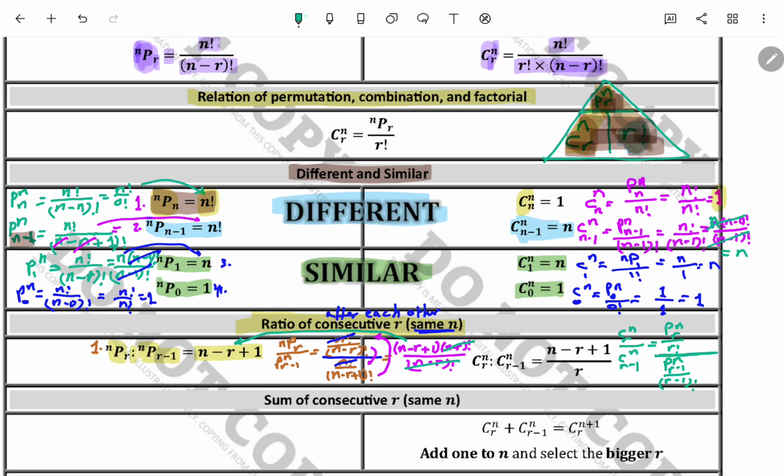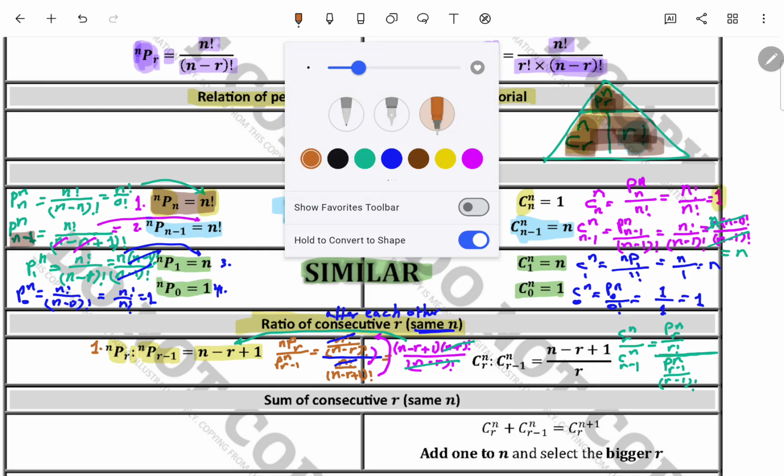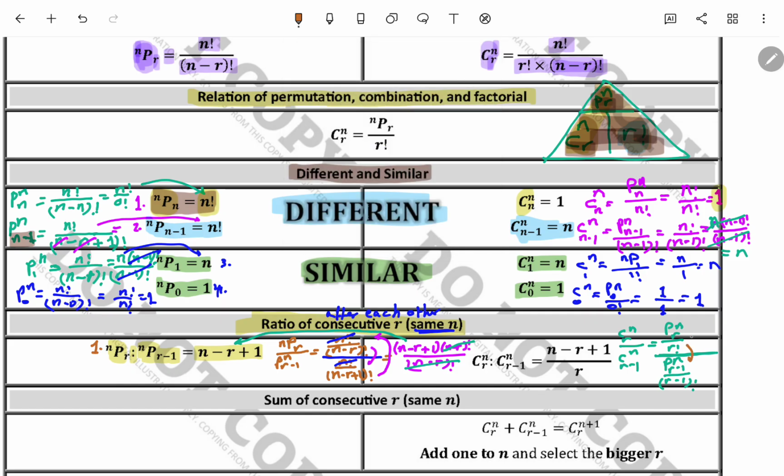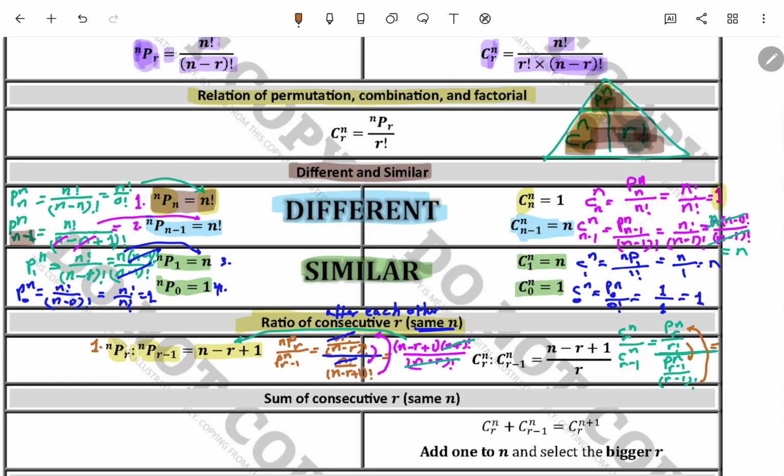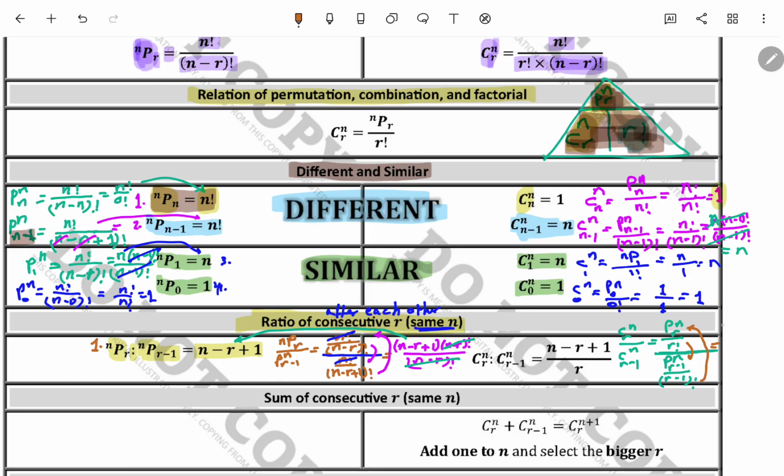You can take the closest with the closest like this, multiply them together, and the farthest together, and that will give you finally, up, n permutation r multiplied by r minus 1 factorial, divided by n permutation r minus 1 multiplied by r factorial.